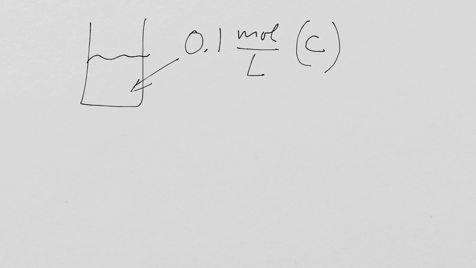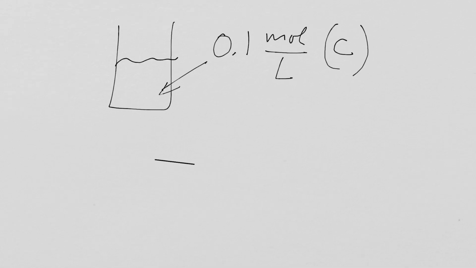Anyway, that is our concentration. And our volume of this thing here is, let's say, 0.1 liter. Okay? So we've got 0.1 liter of a substance with a concentration of 0.1 mole per liter.